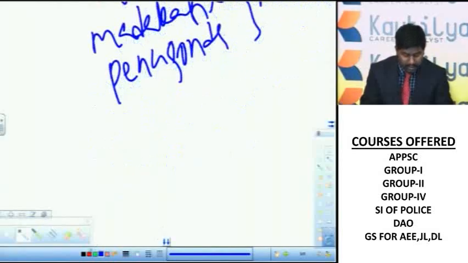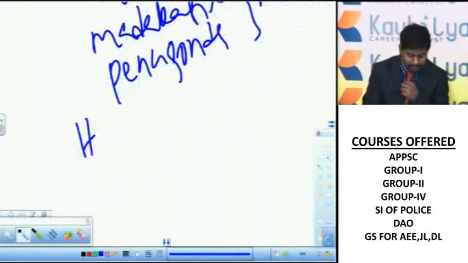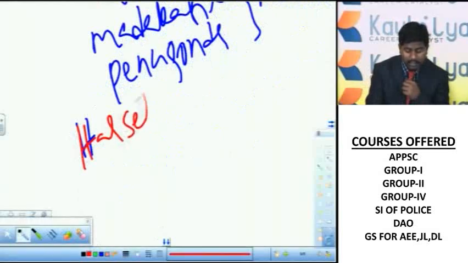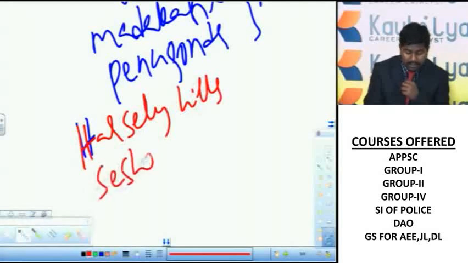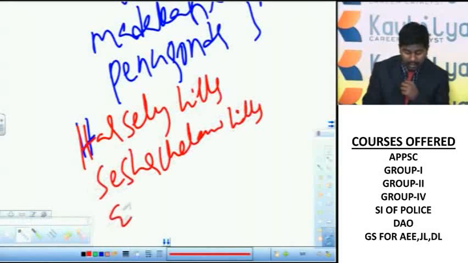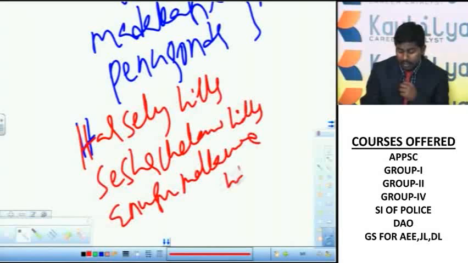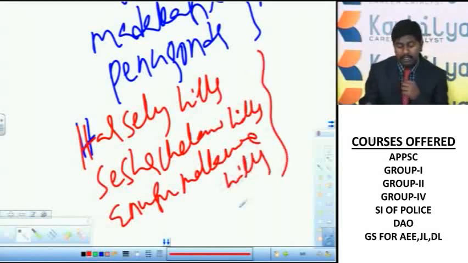And these are called Horsley Hills, Seshachalam Hills and Yenugu-Mallamma Hills in Chittoor district.